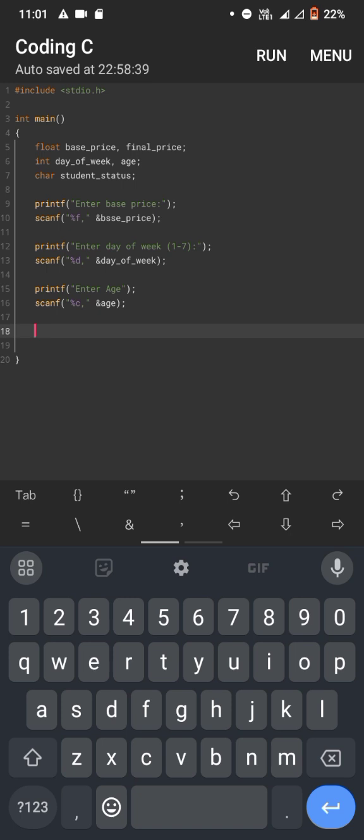So the next one is we need to input the student status. Printf enter student status.